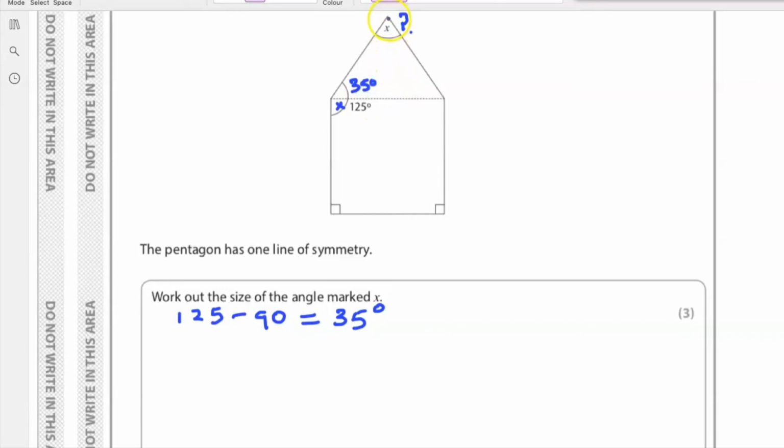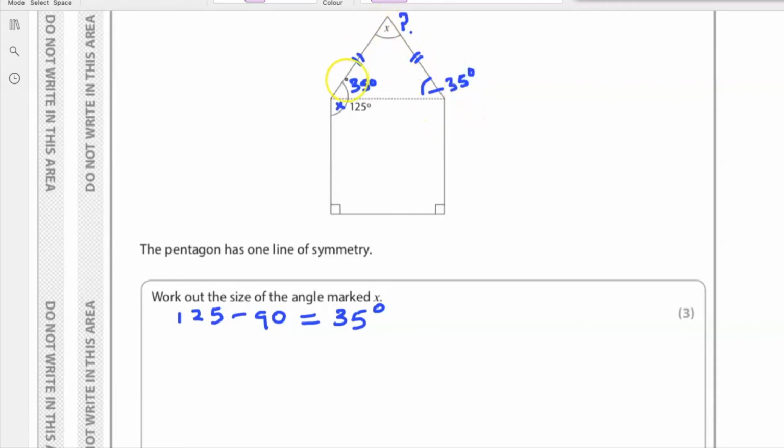Because there's a line of symmetry down here, that means this line here is the same as this line here. Therefore, this angle will be 35 degrees.